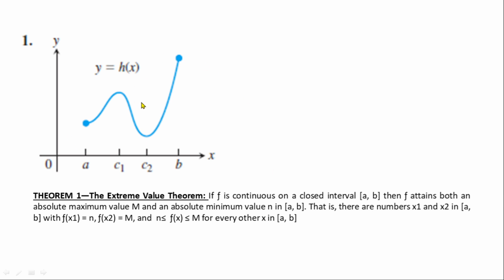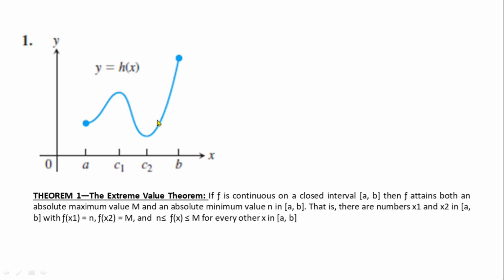In this first example, the given function is a continuous function and the interval is closed. According to this extreme value theorem, there should be an absolute maximum and an absolute minimum.